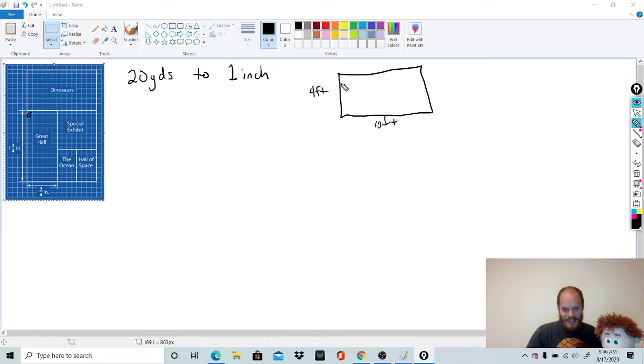So 4 feet is basically saying that if I were to draw lines here and split this up so that there are 4 sections there. You see that? There's 1, 2, 3, 4 sections. And then this one, I were to split it by 10. Oh, man, that's tricky. I can do it. It's not very straight, but that's okay.